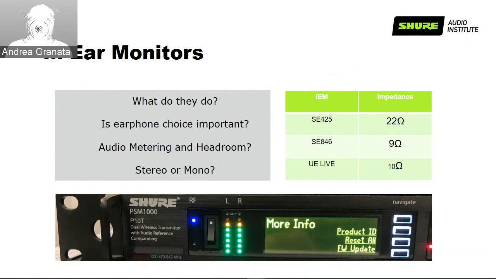Why am I saying so, and why is this related to the RF transmission? We'll see it very soon.